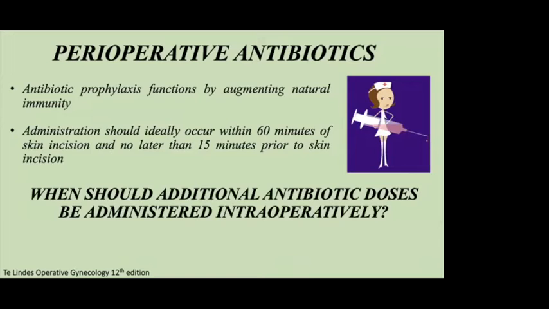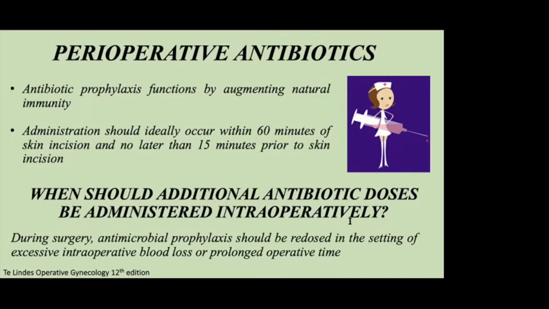So, one question here. When should additional antibiotic doses be administered intraoperatively? During surgery, antimicrobial prophylaxis should be redosed in the setting of, one, excessive intraoperative blood loss, say more than 1,500 cc, or prolonged operative time, more than 4 hours.